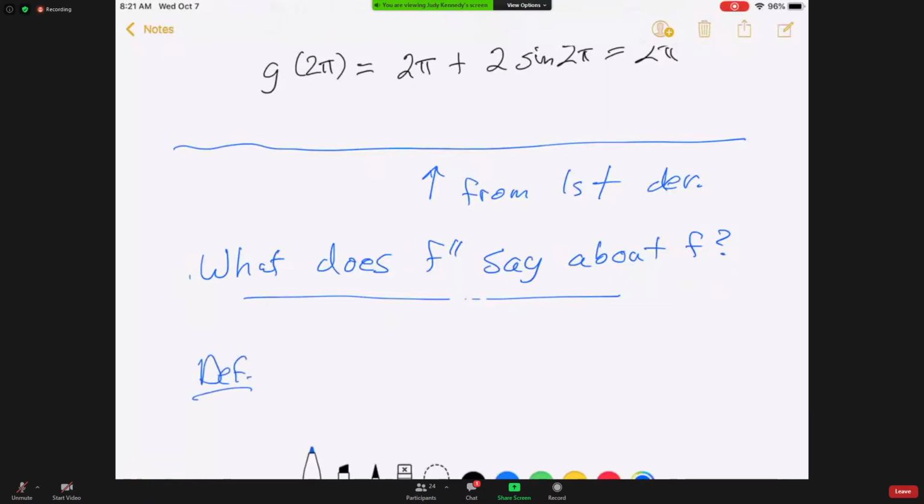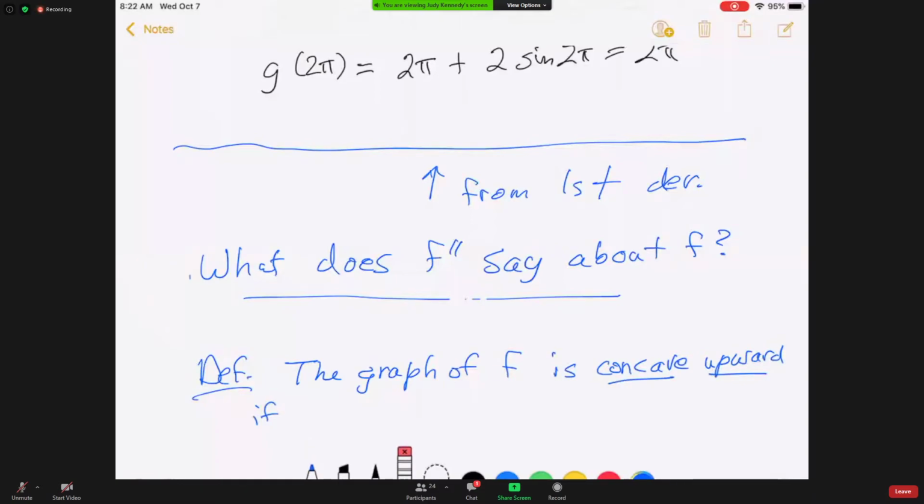We're going to say that the graph of the function f is concave upward if, no, okay, just f.